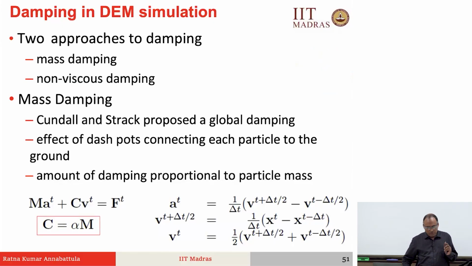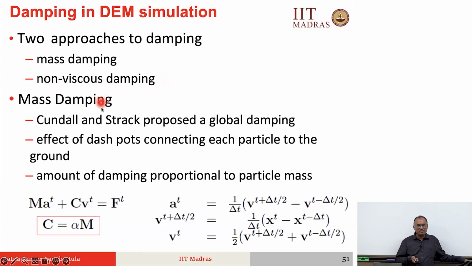The way out is to introduce some numerical damping in the system to account for or mimic such energy dissipation in the DEM simulation. Now if you want to model damping explicitly, there are two ways: mass damping and non-viscous damping.